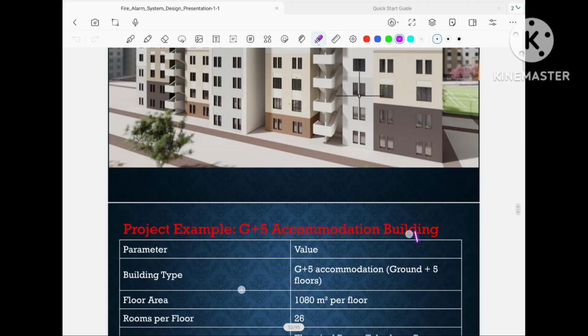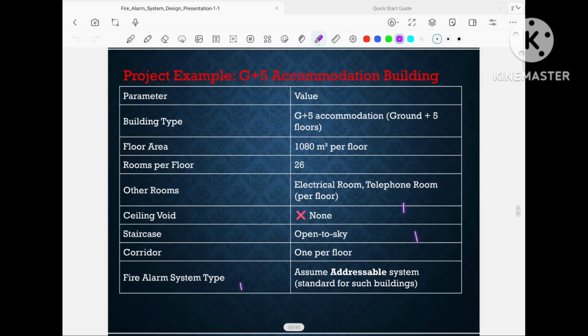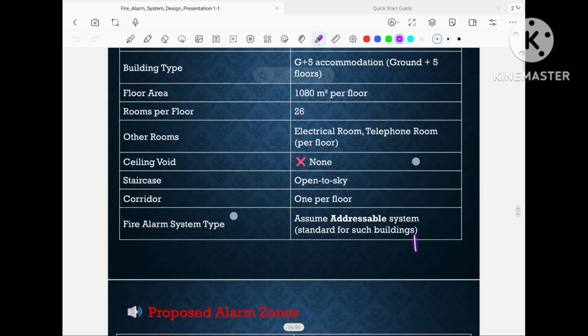As we know, this project is a G+5 building with roof floor, and the floor area is 1080 square meters. The rooms inside each floor have 26 rooms, and there is an electrical room and a telephone room on each floor. There is no ceiling void, and there is an open to sky staircase, and there is one corridor, and the fire alarm system assumed is an addressable fire alarm system. So let us decide the alarm zoning for this building.